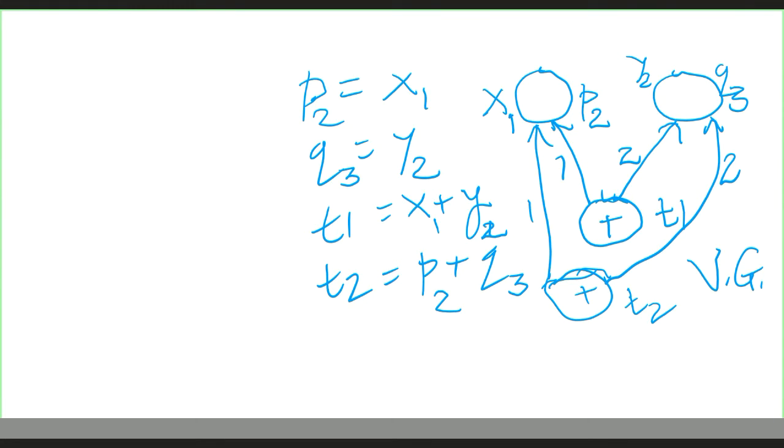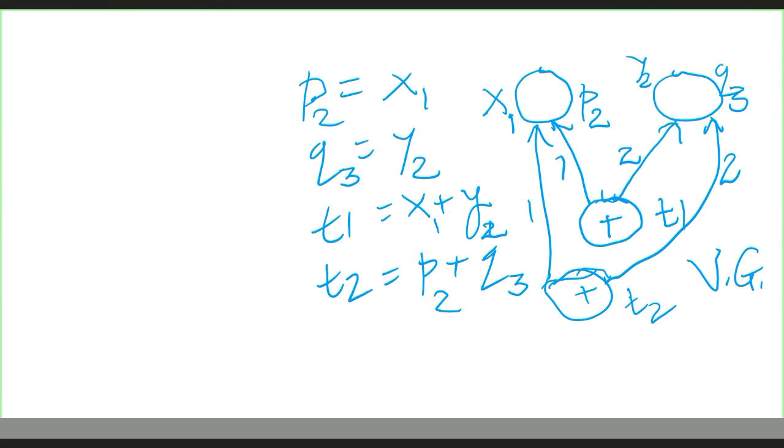How is it generated again? We start with the values. The value must have a node associated with it. If this X1 doesn't have a node associated, we'll put that node association to the value.